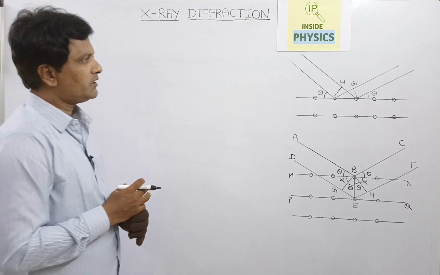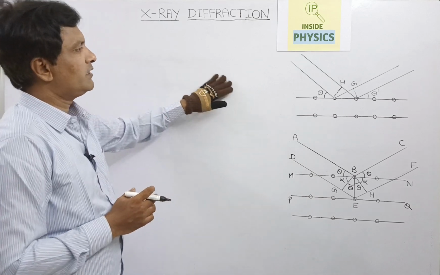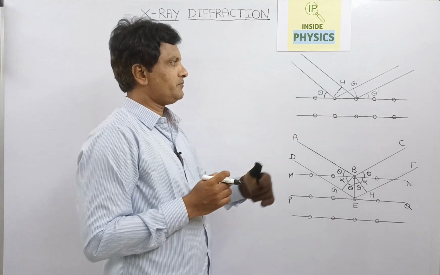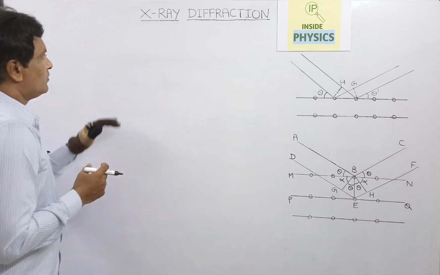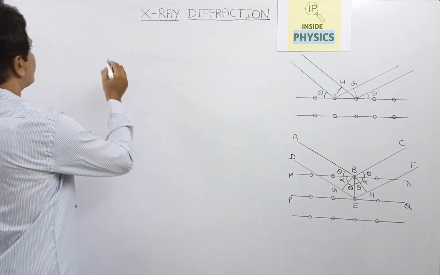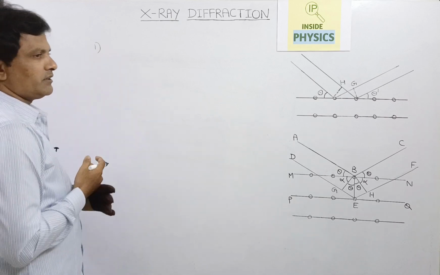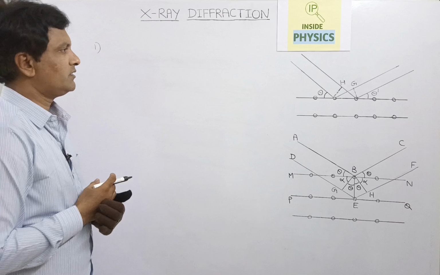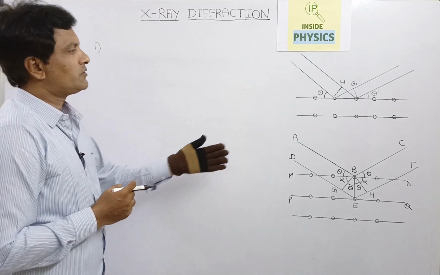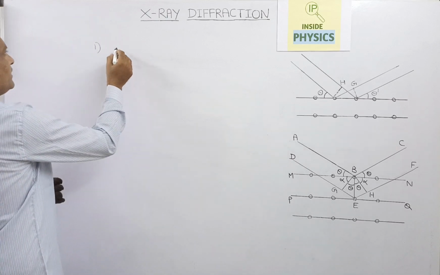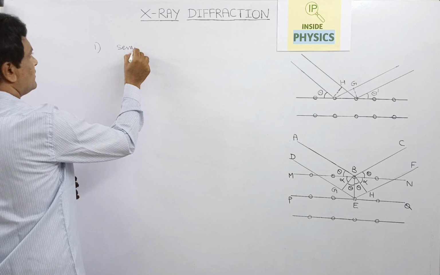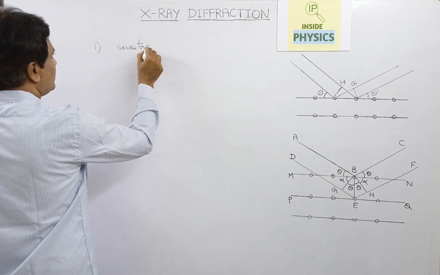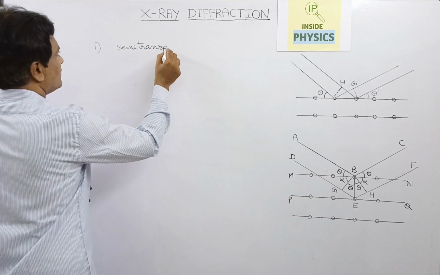That is why we take it as a partial reflection. Now there are some statements made on the observations of X-ray diffraction in crystals. These planes are considered as semi-transparent mirrors in Bragg's treatment.